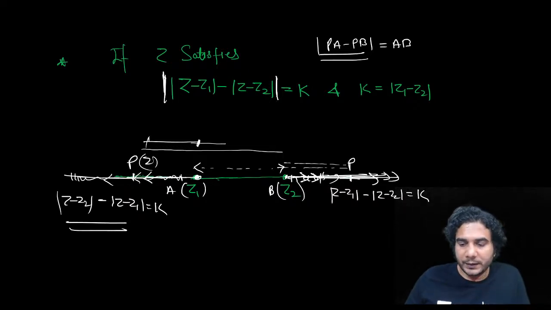Okay, I'll give you one example. You solve it. Plot the locus of Z. First is mod of mod of Z minus 1 minus mod of Z minus 7, whole mod, is equal to 4.